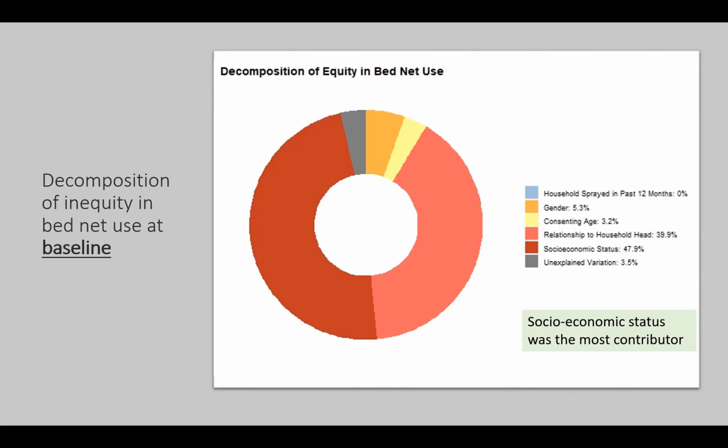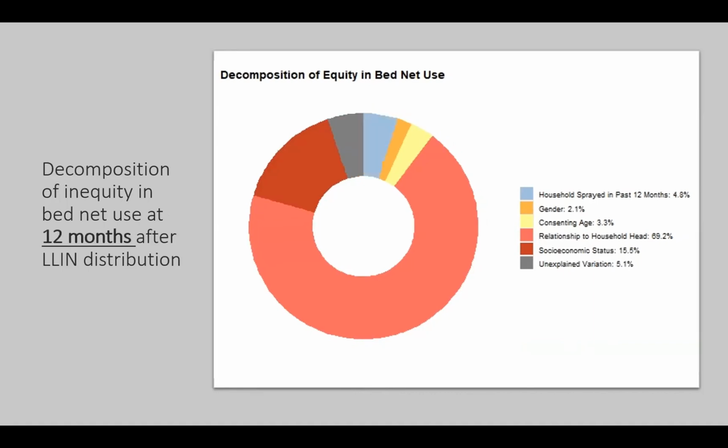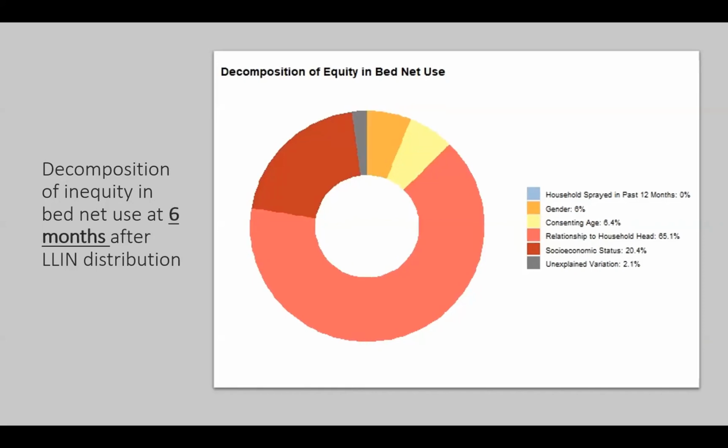But when we move to the 6-month period, we see the pattern slightly changing. Here at 6 months, the most contributing factor is relationship to the household head. This pattern consistently remained at 12 months, although it even improved slightly, but the difference is not big.